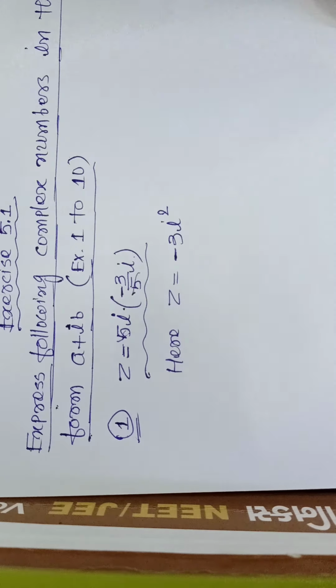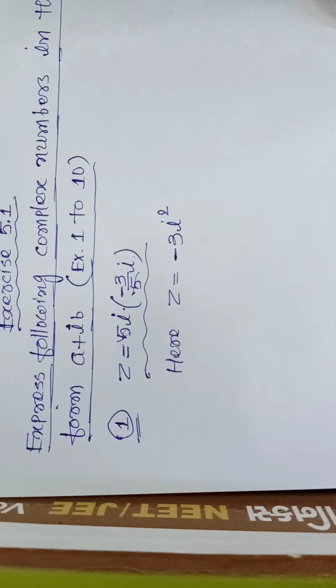So I can say that i raised to 9 is i raised to 8 into i. Similarly, what about the nearest value for 19? I raised to 16 into i cube, because 16 is also a multiple of 4, right? 8 is also a multiple of 4. So therefore this z is 1 into i plus 1 into i cube.